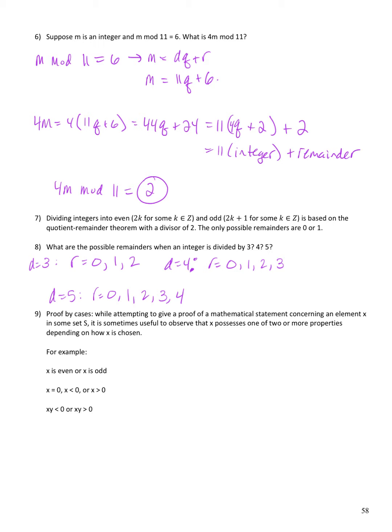So that leads us into proof by cases. While attempting to give a proof of a mathematical statement concerning an element x in some set S, it is sometimes useful to observe that x possesses one of 2 or more properties depending on how x is chosen. So at the beginning of our proof, we often say, suppose x is an element of the integers, and then we argue.